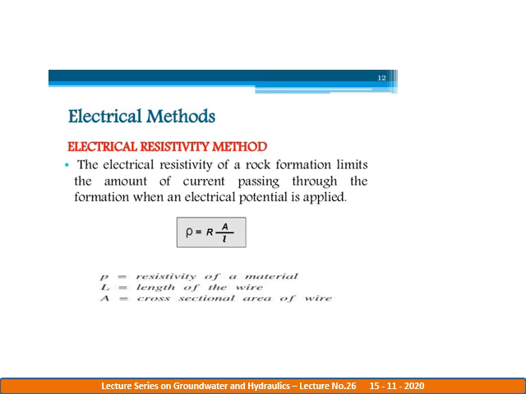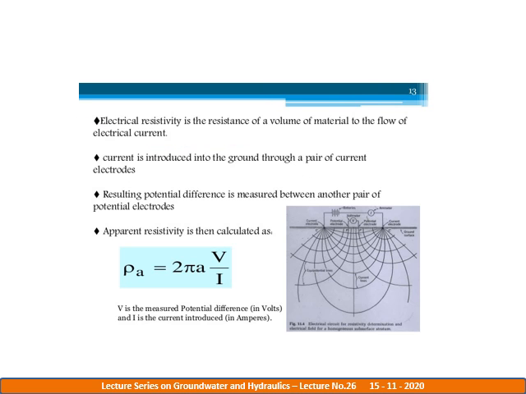Resistivity of the material is equal to resistance times cross-sectional area divided by length of the wire. Electrical resistivity is the resistance of a volume of a material to the flow of electrical current.